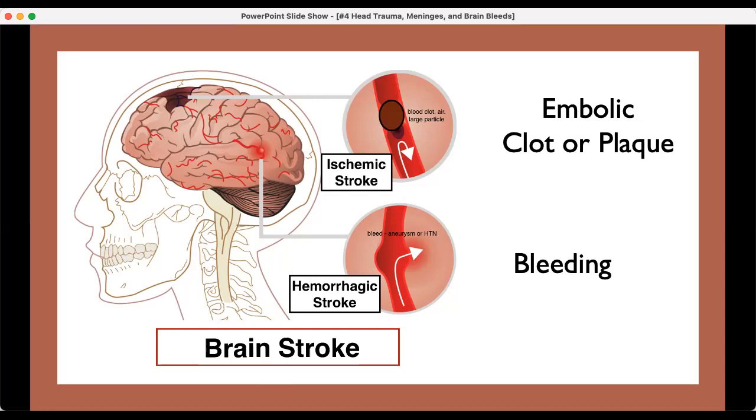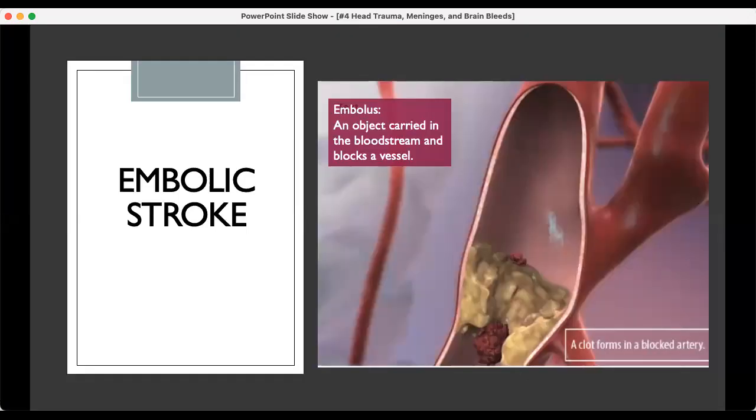The radiologist took out the clot, and at the end of the procedure, the patient woke up completely and told us his story and was exceedingly grateful. This can only happen if the patient gets care within a very short time after having symptoms. So this is also what can happen, an embolic stroke.